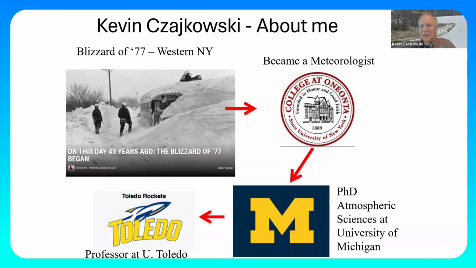So that got me really interested in meteorology. I went to Oneonta, a small school in New York, for meteorology, and then to the University of Michigan for my PhD. I did my postdoc at the University of Maryland for 3 years, and then came to the University of Toledo 27 years ago. So I've been at Toledo for 27 years.